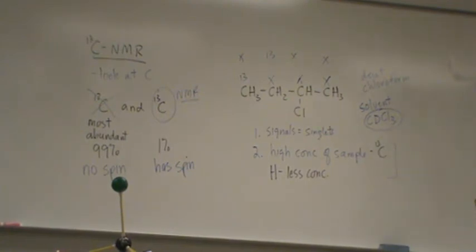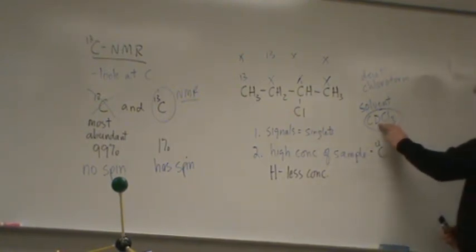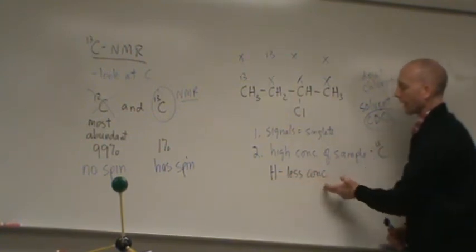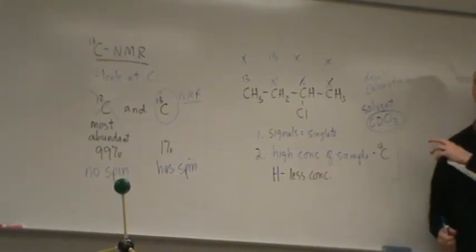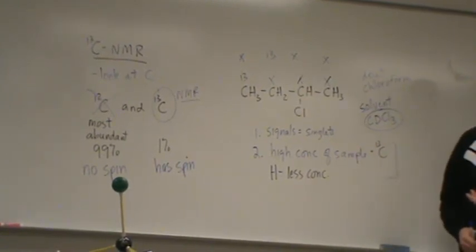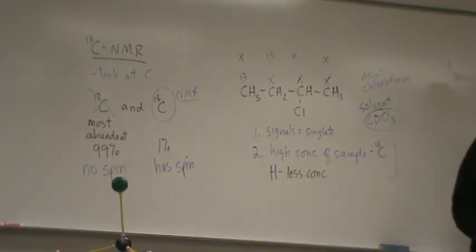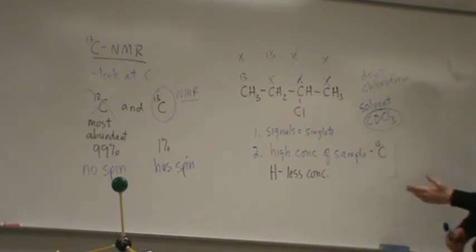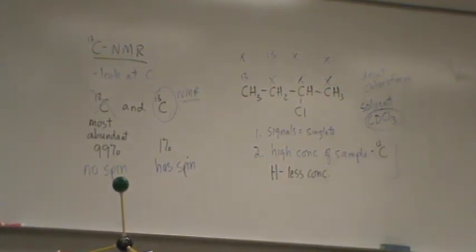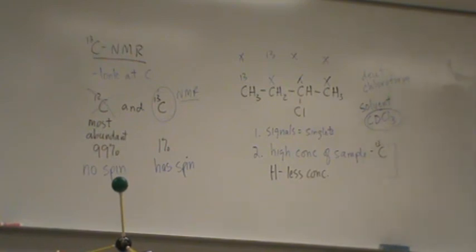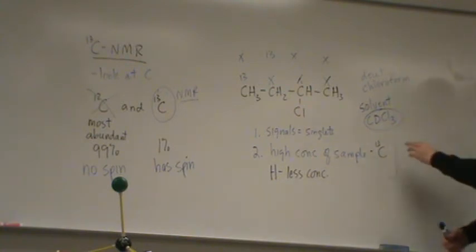The reason for the deuterium is that in hydrogen NMR, deuterium does not show a signal. Why would I want to see a signal for my chloroform? Because that's the solvent. I don't care about that. I already know what it is. I'm just concerned with my sample. So I want my solvent to be invisible. That's why I use deuterated chloroform. There are other deuterated solvents out there that can be used, but this is the most popular one you would use in the lab.